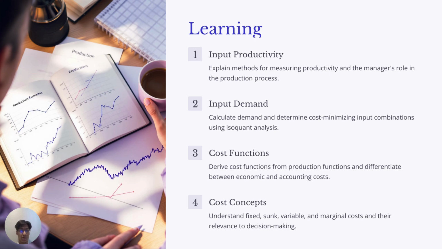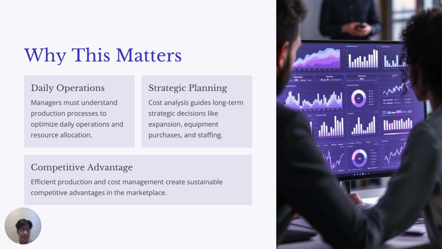We'll also look at how production function translates into cost functions, and we will clarify the differences between economic and accounting cost. Finally, we will cover fixed, variable, and marginal cost as well as economies of scale and scope. The holistic view will help us build a strong foundation for the chapters ahead.